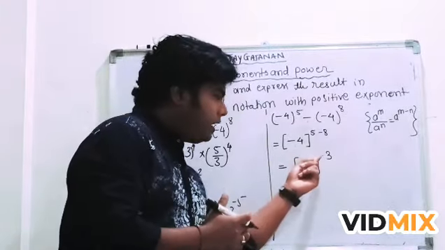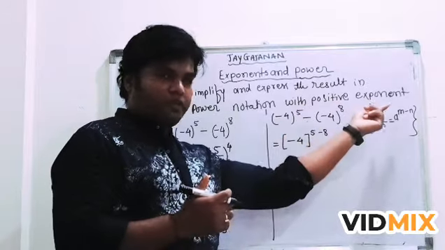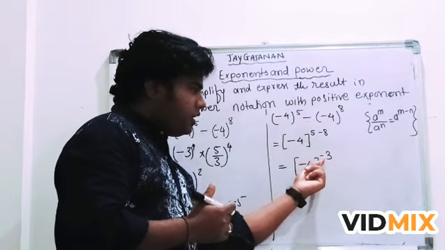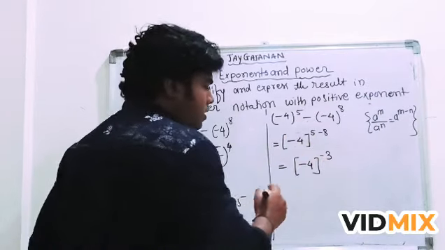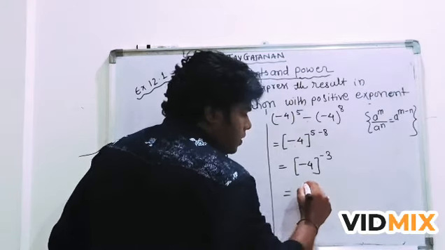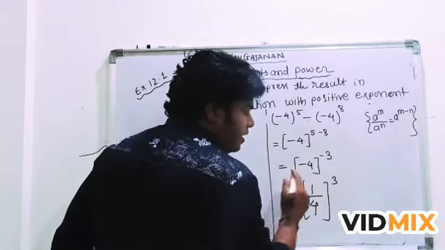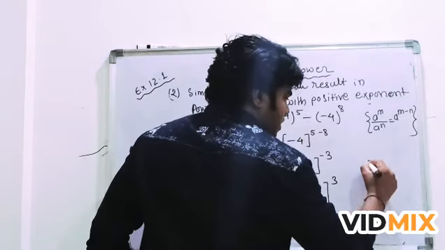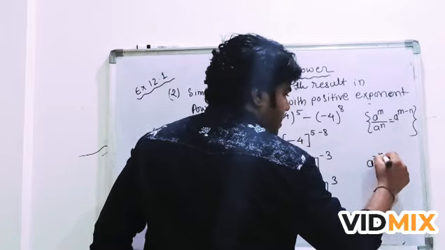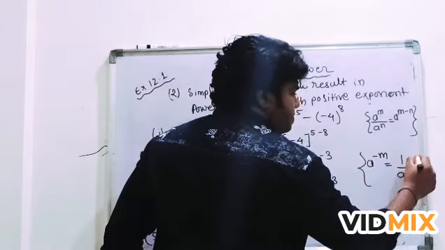In case you want to make this positive, although it is not written here that it should be with positive exponent. All right. Positive exponent means we have to change this negative sign. So this will become 1 by minus 4 to the power 3. Here we are going to use a to the power minus m is equal to 1 upon a to the power m.